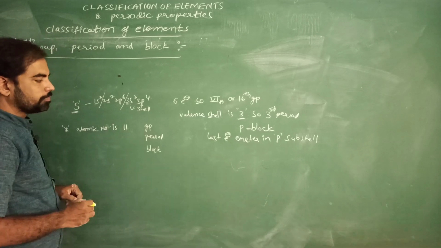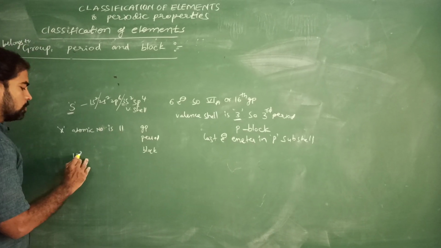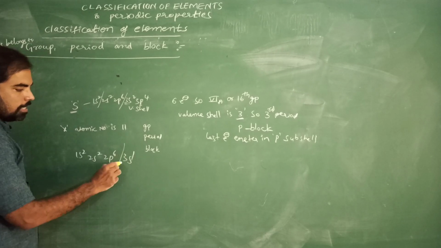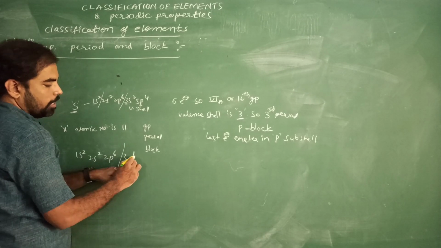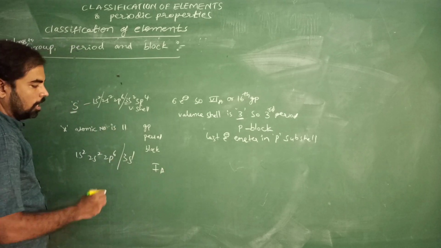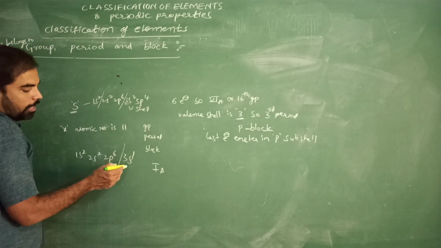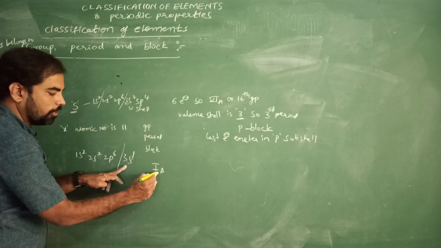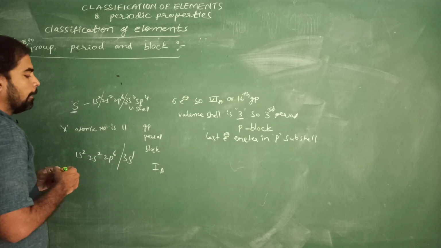Next is sodium. Simply 1s2, 2s2, 2p6, 3s1. Here this is the last shell. How many electrons are in the valence shell? 1. That means it belongs to group 1A. Only one electron in its valence shell, so it belongs to 1A. Next, what is the period number?